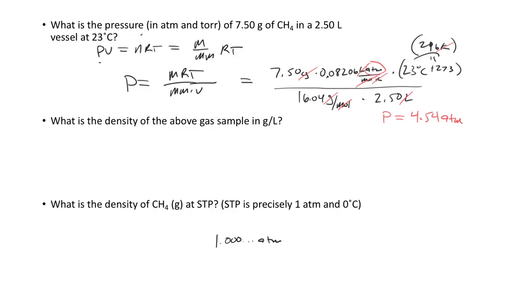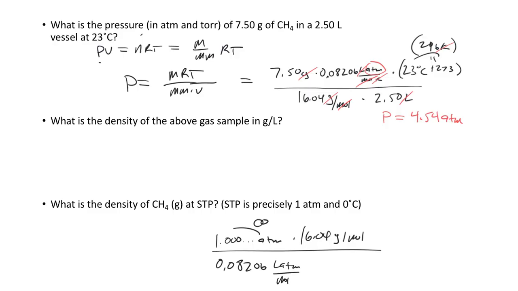Then times the molar mass, 16.04 grams per mole, and dividing by the ideal gas constant, which is technically rounded to 4, just like our molar mass. So we're going to determine this to 4 sig figs. We could determine this to more sig figs if we wanted to.